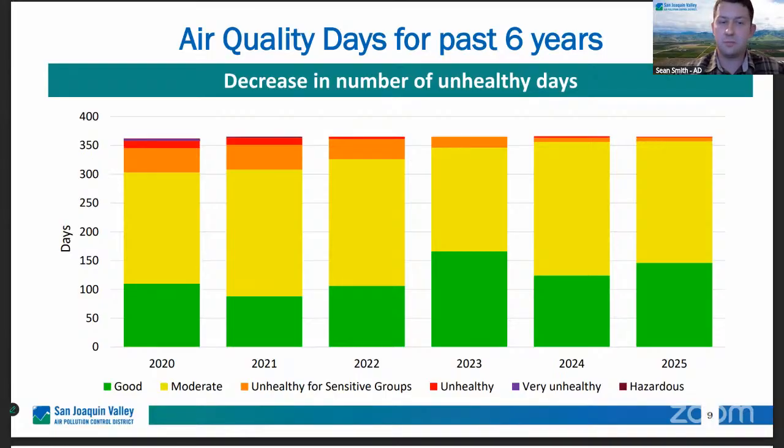Just to give you some specific numbers, compared to 2024, 2025 has had only 3 unhealthy for sensitive groups days, and 0 unhealthy, very unhealthy, or hazardous days. So we've actually been able to reduce the number of days in those unhealthy categories.